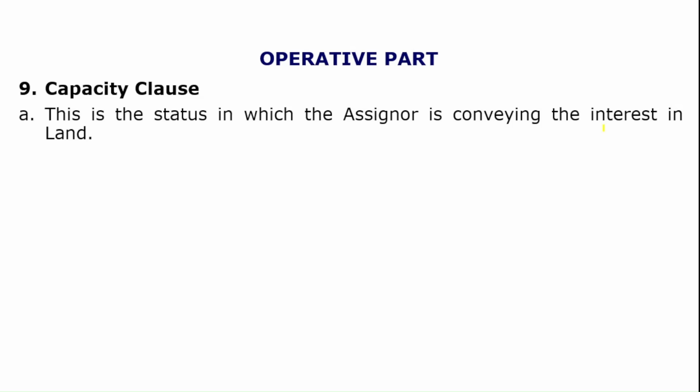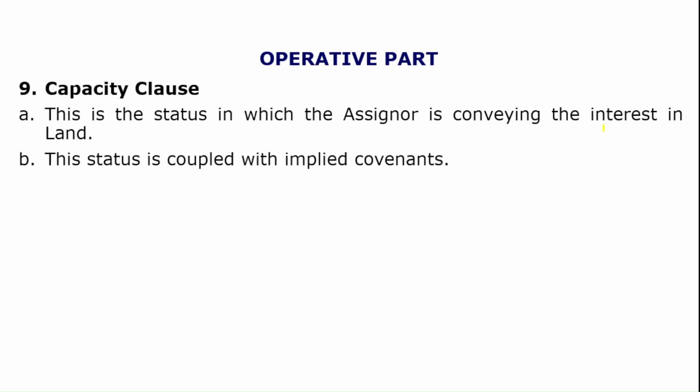And that simply answers the question of the legal relationship of the assignor and the property that is to be transferred. So, what is the legal status of Jumoke Kehinde in relation to the land she is about to transfer to Chief Adeola? Very important for us to know this, the legal status, that is our capacity to be able to transfer that land to Chief Adeola, because the capacity clause is always coupled with implied covenants.